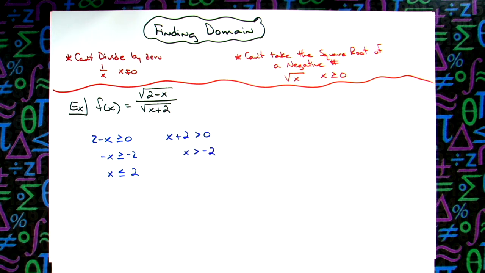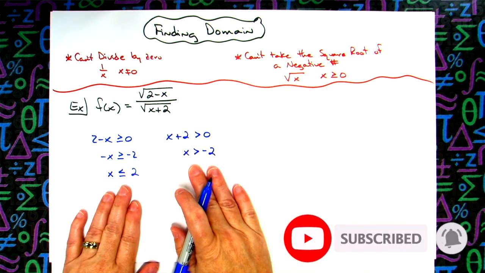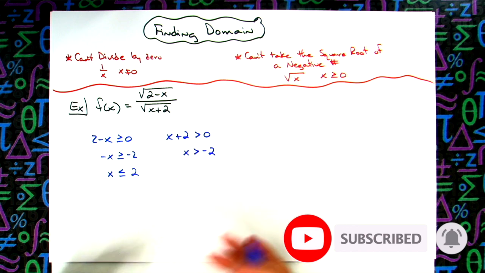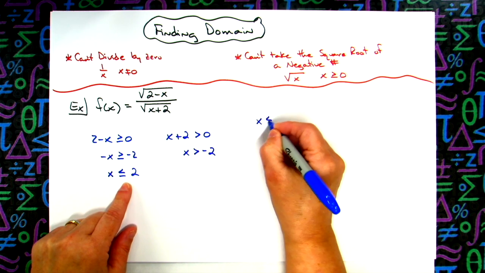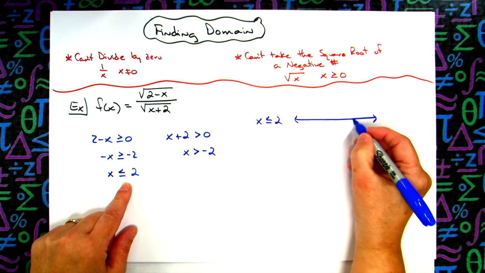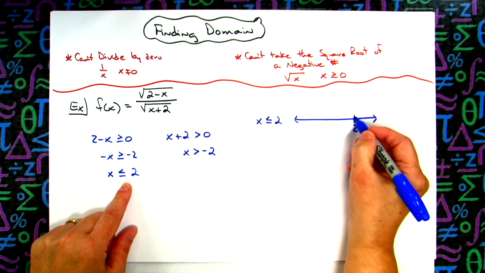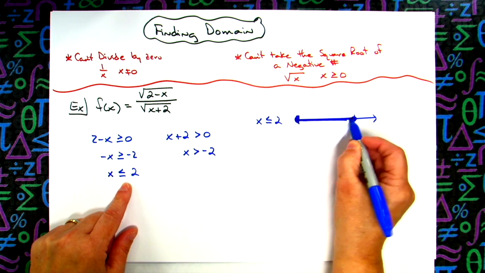Now the easiest way to do this would be to take both of our restrictions and plot them on a number line, and see what overlaps. So I'm going to take my first one, x is less than or equal to 2, and put that on the number line. Let's say 2 is right here. Solid dot, and then we would be shading to the left.